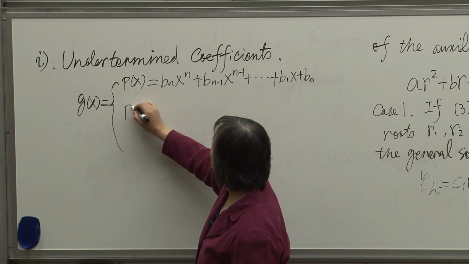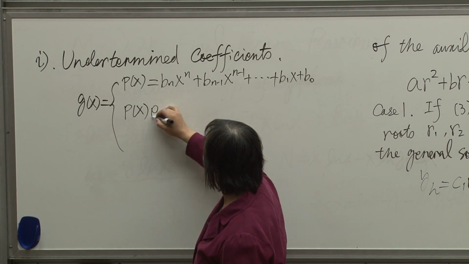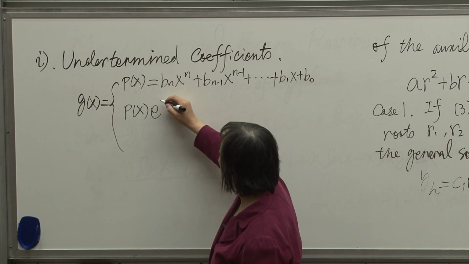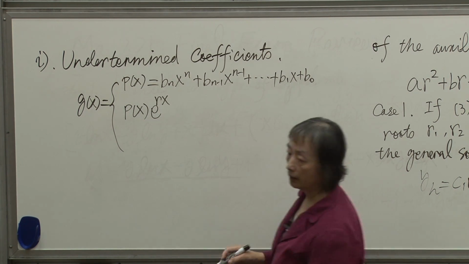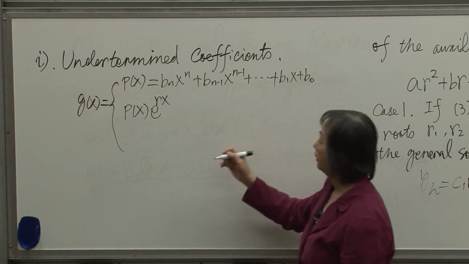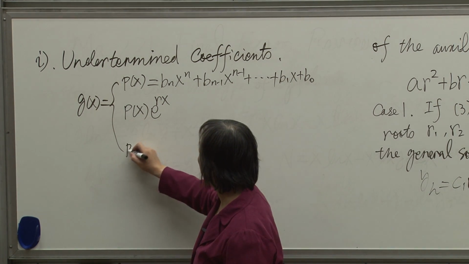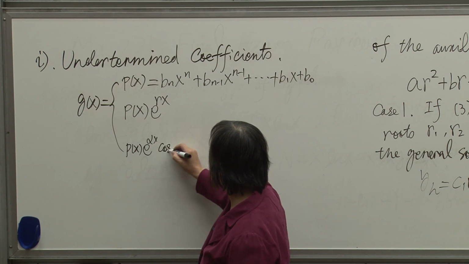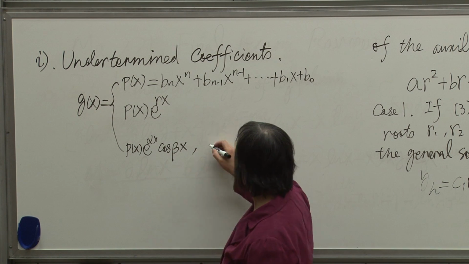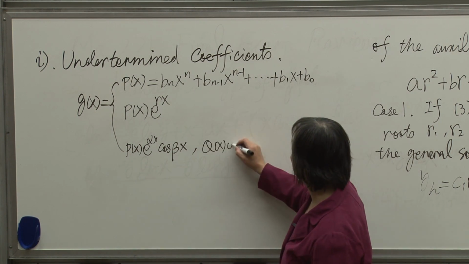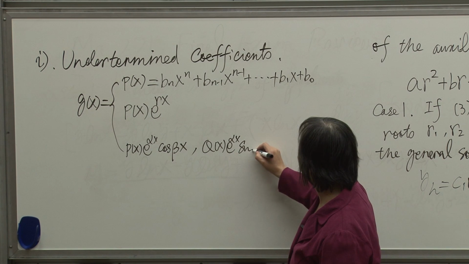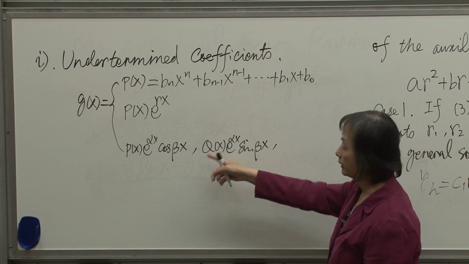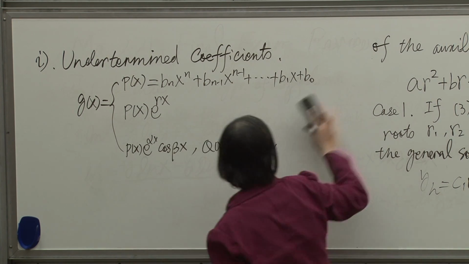The second possible expression is a polynomial p of x multiplied by the exponential function e^(rx). The third one is a polynomial times e^(alpha x) cosine beta x, or a polynomial times e^(alpha x) sine beta x, or the sum of these 2 expressions.